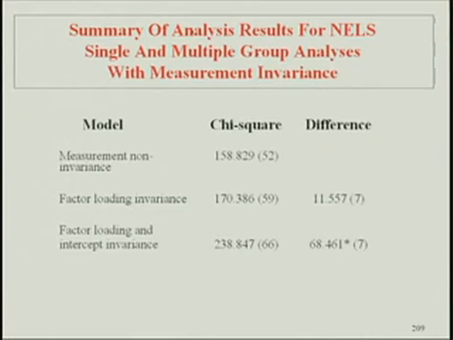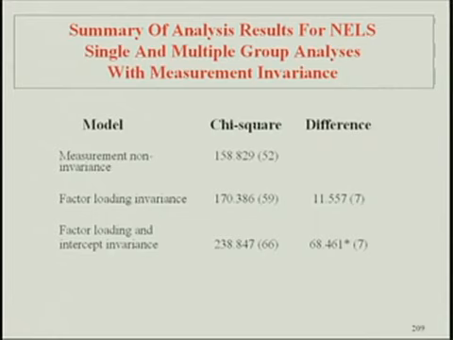So we have a difference of 7 degrees of freedom and a difference in chi-square of 11.557. So when we hold the factor loadings equal, we do not make the model fit worse. It's fine. So we can conclude that the factor loadings are invariant across the groups.